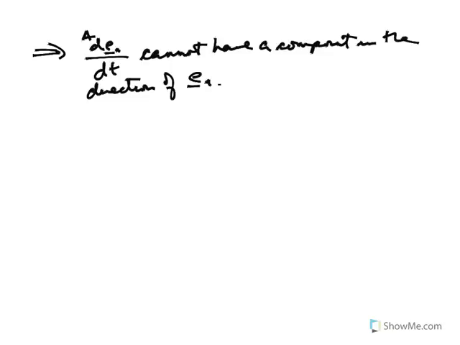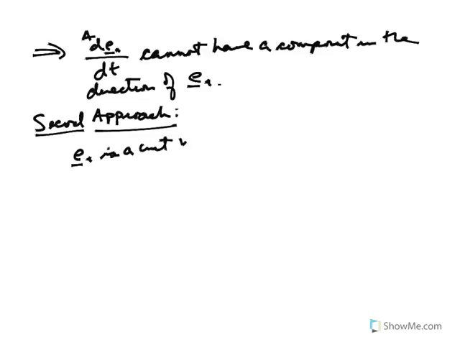The second approach is as follows. EI is a unit vector, which implies EI has constant magnitude.